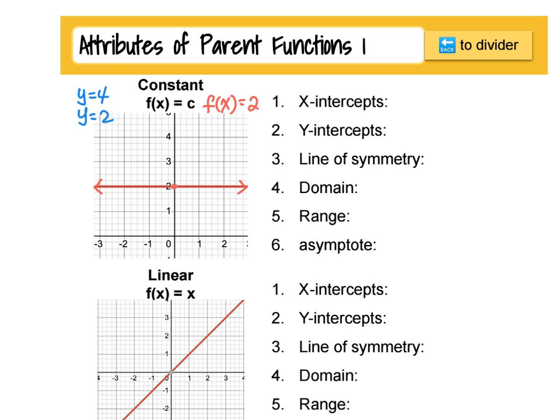And you can tell there is no x-intercept. The y-intercept will always be the constant of that function. The line of symmetry is x equals 0 because it's symmetrical over the y-axis.